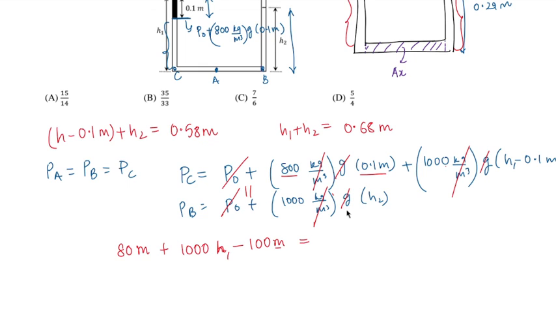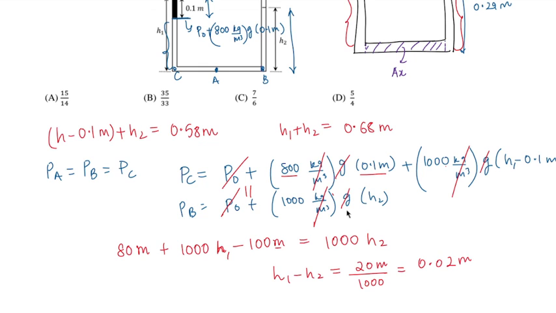This is equal to 1,000 h2. And with this we can easily write that h1 minus h2 is equal to 20 meters divided by 1,000, and that is equal to 0.02 meters.